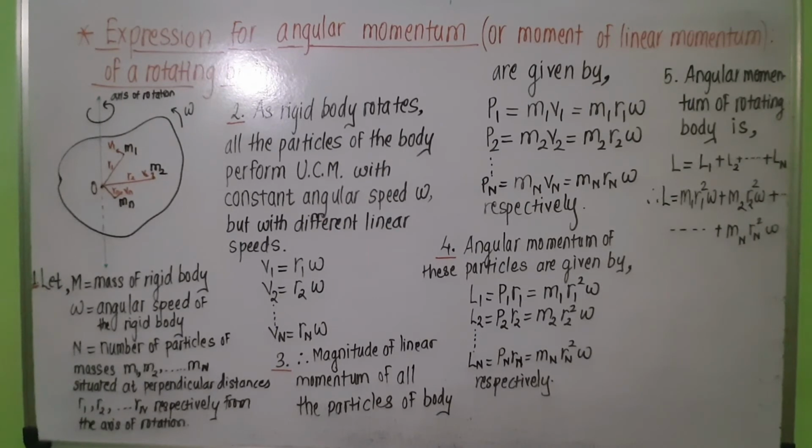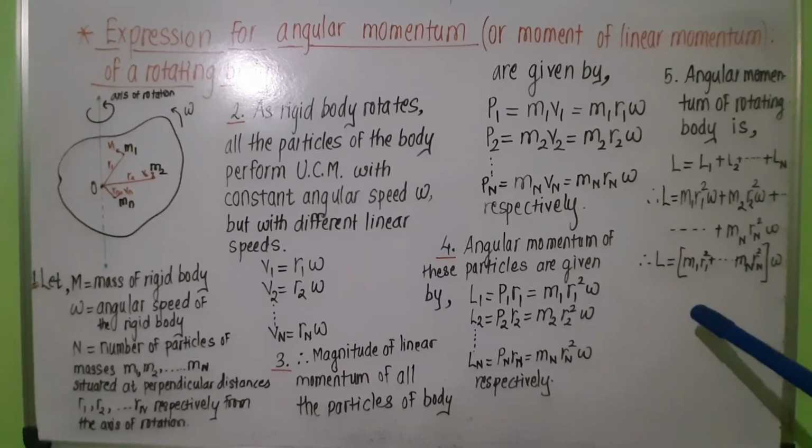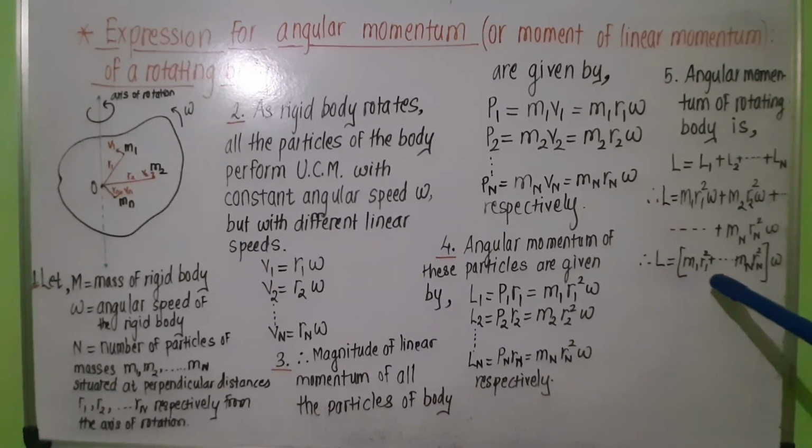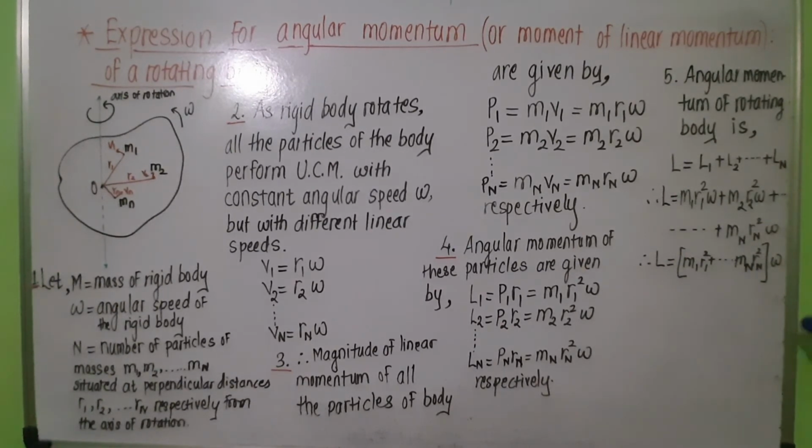Now take omega common and we get L is equal to m1 r1 square plus m2 r2 square plus so on mn rn square, whole bracket, into omega. Therefore, L is equal to summation of mi ri square, where i is equal to 1 to n, into omega.